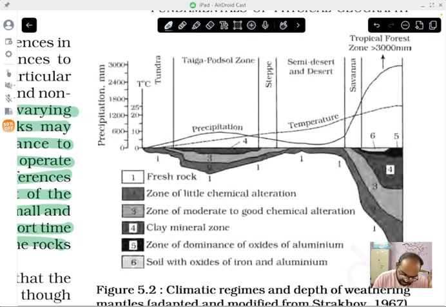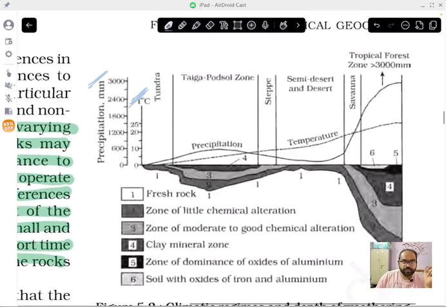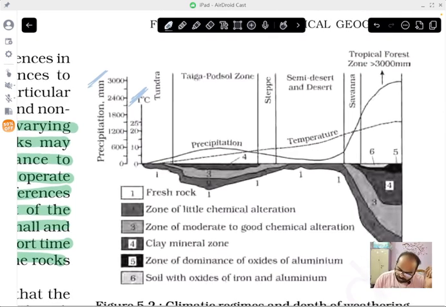On the y-axis we have precipitation and temperature. See, they have given different climatic zones. Tropical forest extends from the equator up to 10 degrees north and south latitudes.